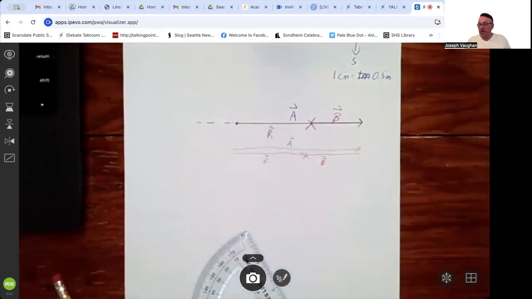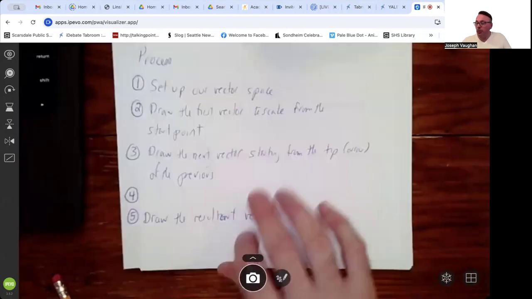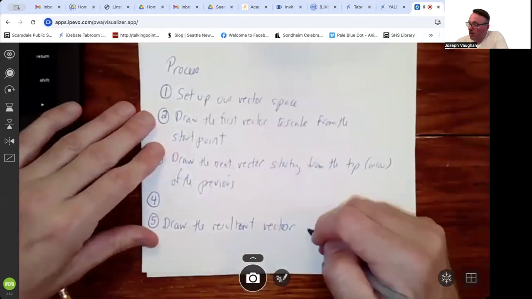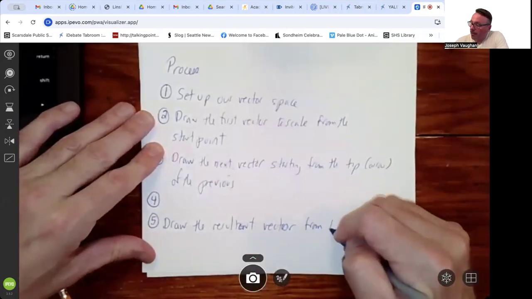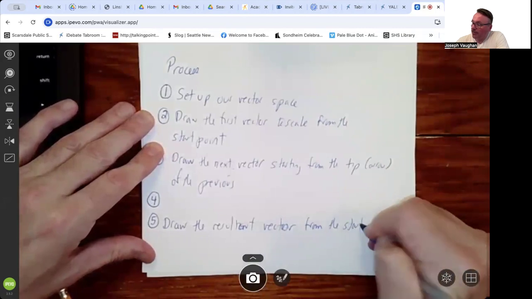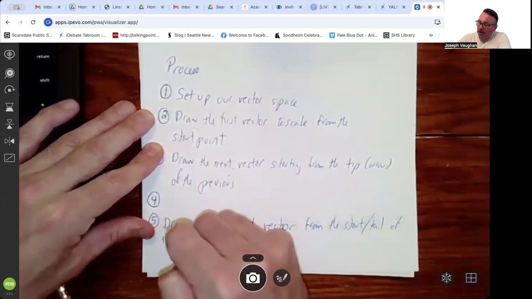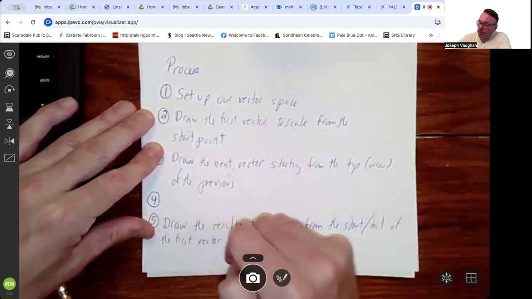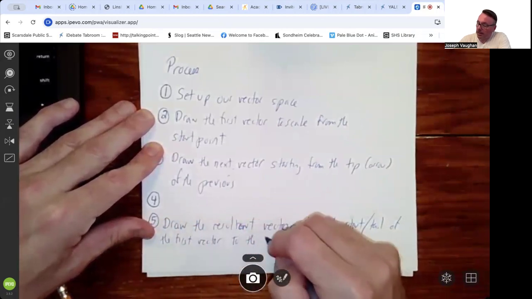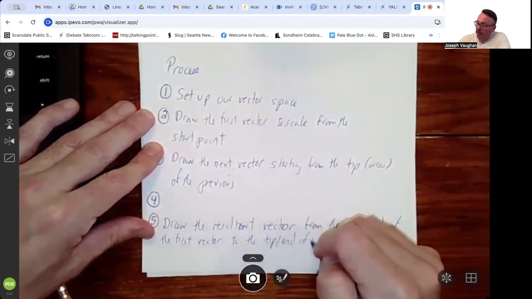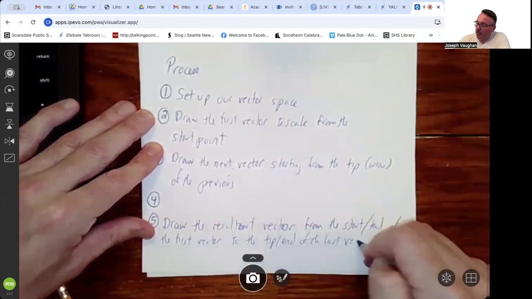So there we go. So let's just write in how we drew the resultant vector from the start or tail of the first vector to the tip or end of the last vector.